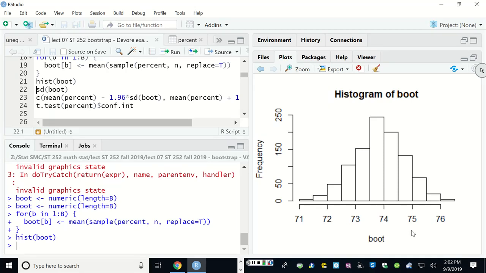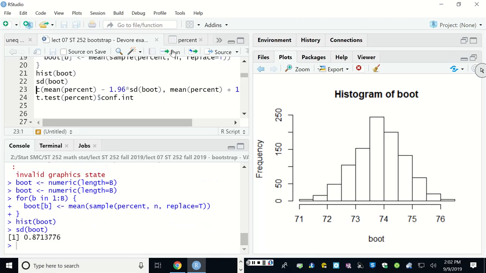And so I'm going to just take the standard deviation of these. This is about 4 standard deviations across, maybe 5, maybe 6, something like that. But if it's 4, kind of 72, so it'd be about 1 or a little bit more. The standard deviation of those bootstrap samples is actually 0.87, a little bit less than I was kind of estimating there.